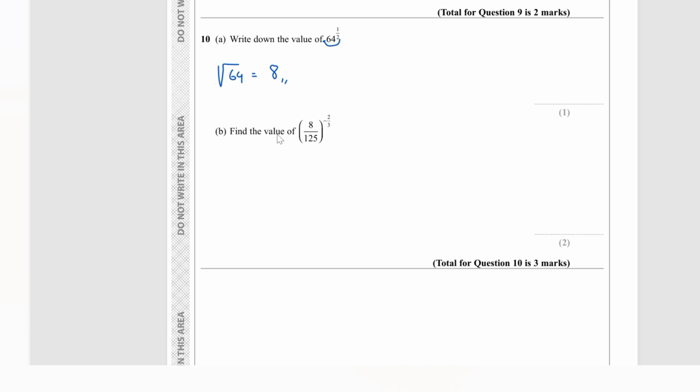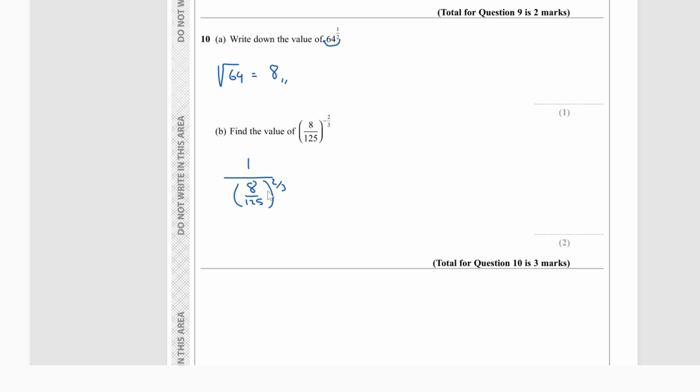For part B, we need to find the value of 8 over 125 raised to the power of minus 2 over 3. Now, as discussed earlier, wherever we see a negative power, the first thing we do is do 1 over the whole number and turn this power into a positive. So everything else stays the same, and we just change this.